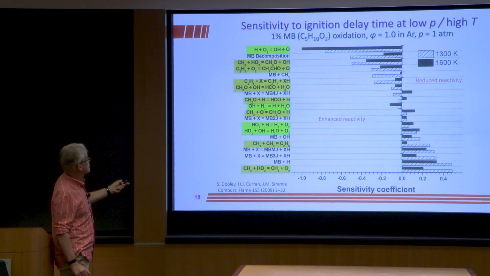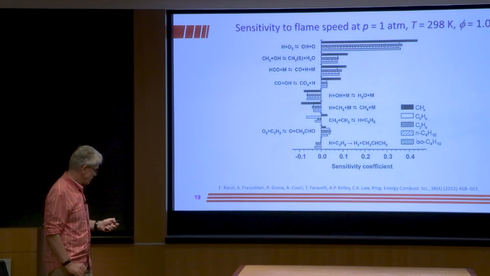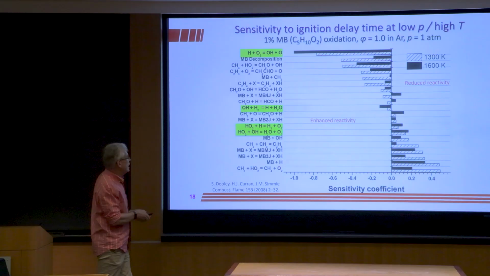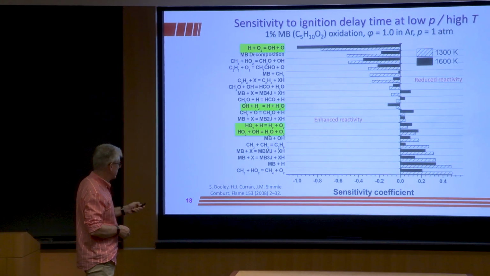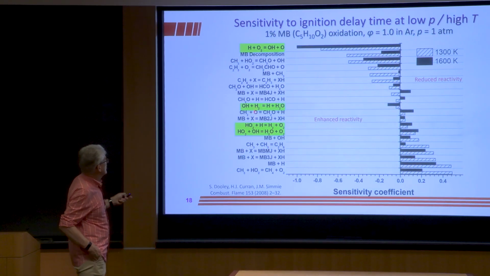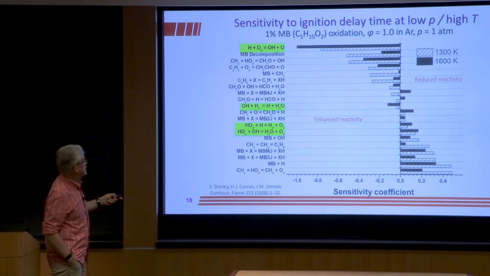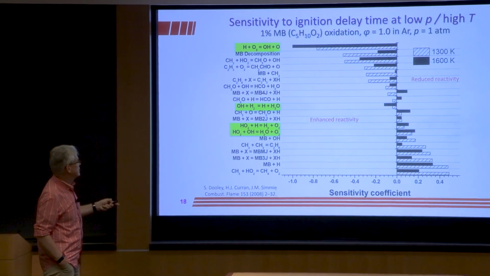You have fuel decomposition, and H atom abstraction from the fuel by methyl and by OH. And here's another thing to bring home with you that I want to highlight. Methyl butanoate plus methyl, producing MB4J, enhances reactivity.